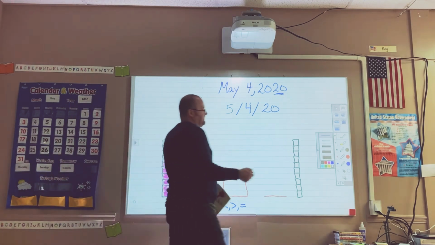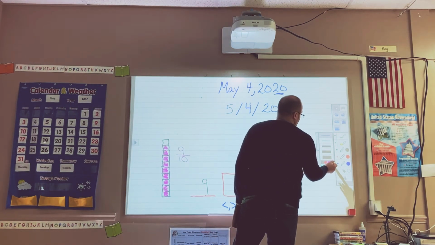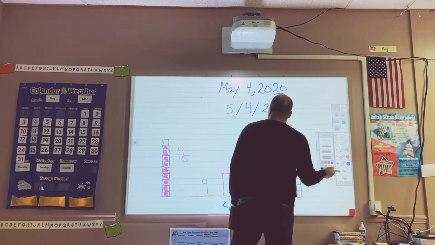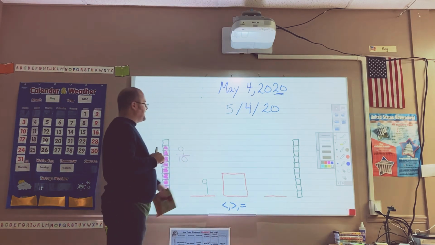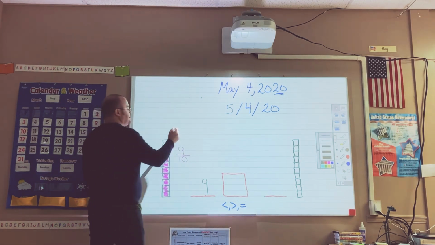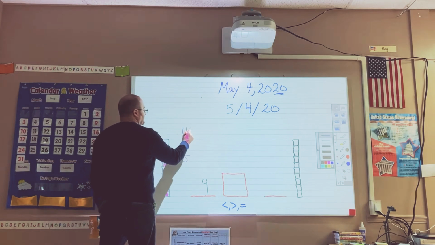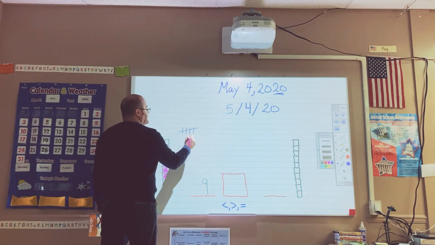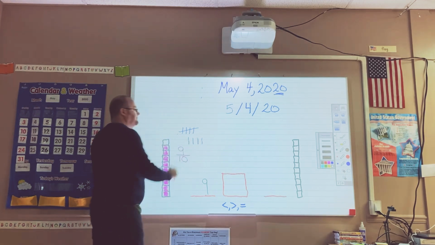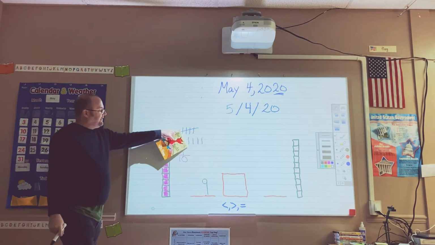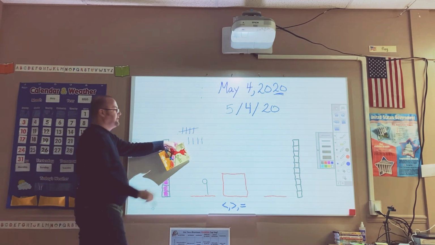A way that we're going to keep track of these is we're going to use tally marks. I know everybody knows how to use tally marks. For example, for the 9 up here, it would have looked like this. 1, 2, 3, 4, 5, 6, 7, 8, 9. 5 and 4.